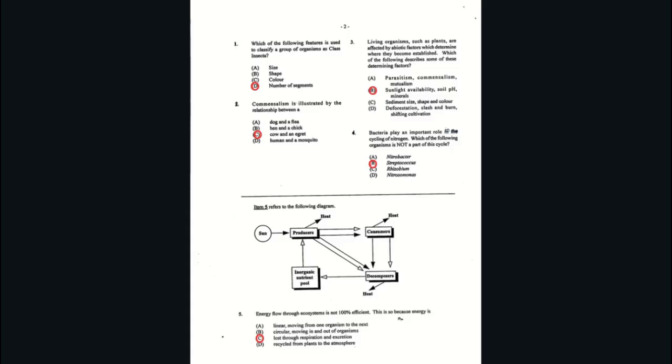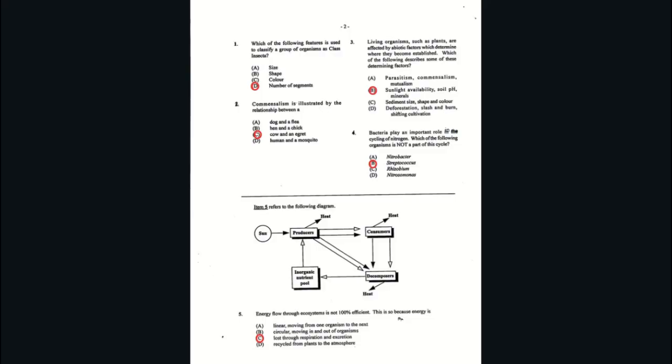Number two says commensalism is illustrated by the relationship between A, dog and a flea, B, hen and a chick, C, cow and an egret, and D, human and a mosquito, right?